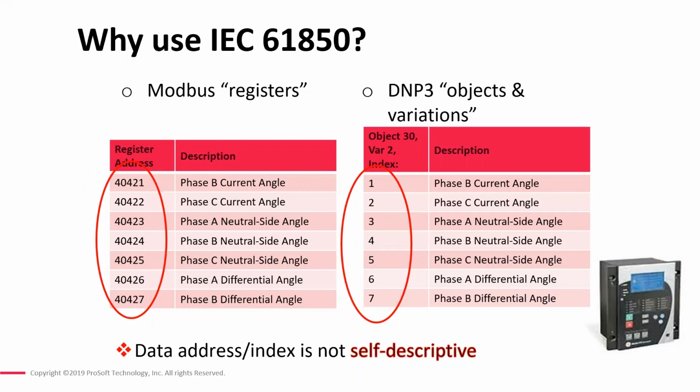Or on DNP networks, you had something like an object 30, variation 2, and then an index that you had to represent for a phase B current angle.